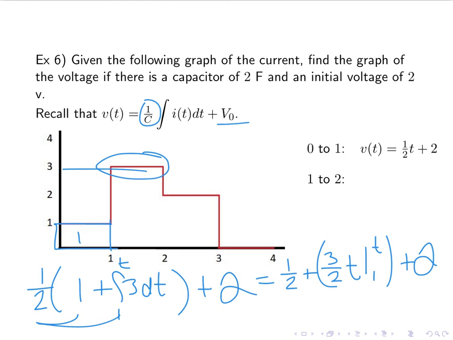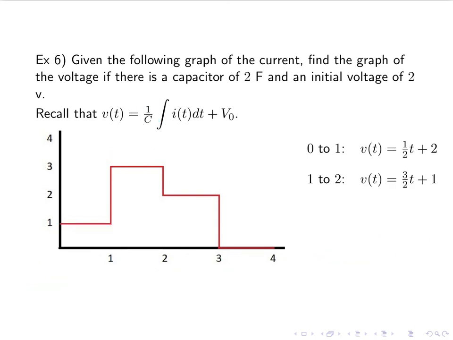So when I evaluate from 1 to t, I'm going to have my 3 over 2 t minus 3 over 2, and then I still have my 1/2 on the left and my 2 on the right. So we're going to clean that up. 1/2 minus 3/2 is -1, plus 2 is 1. So I'm going to have my 3/2 t plus 1. So that's going to be my equation for 1 to 2.